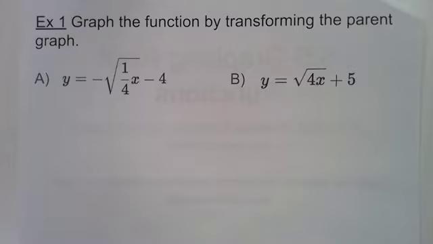Label those ordered pairs, write out phrases, circle them so that you know what and why we're doing stuff. Example 1, graph the function by transforming the parent graph.